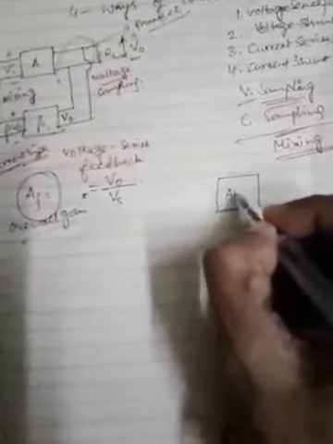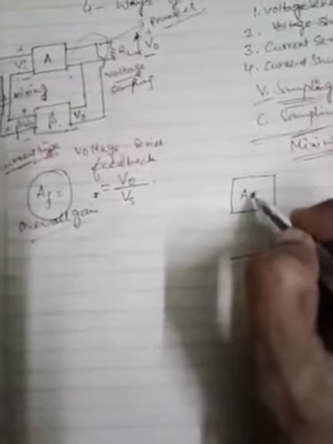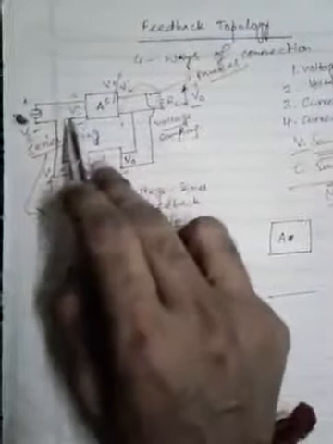The basic amplifier A. Now one thing I have missed to tell here: this A could be equivalently expressed as VO by Vi, because its output is VO and input is Vi.